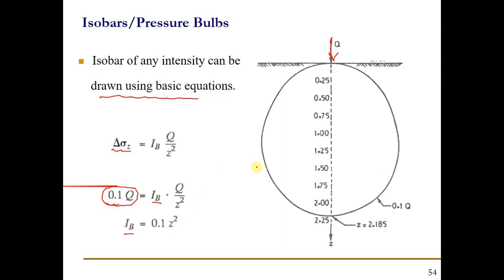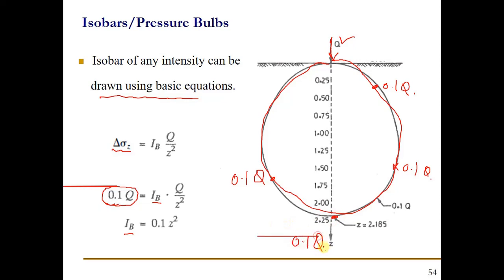So this is the isobar at which the stress will be equal to 0.1 Q: this point 0.1 Q, this point 0.1 Q, and this point 0.1 Q.